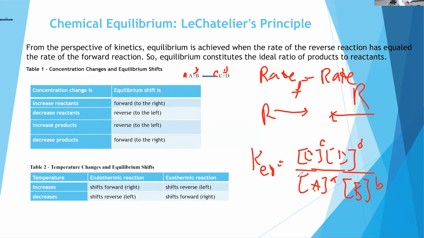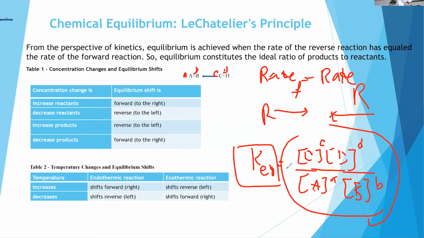So when you have a reaction at equilibrium, if you change the concentration, equilibrium is going to shift. If you increase the reactant, in order to maintain the value for K equilibrium, you need more products in order for this ratio to stay constant. So the reaction is going to move forward to make more products.